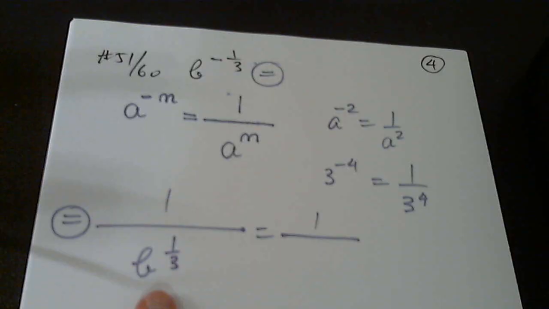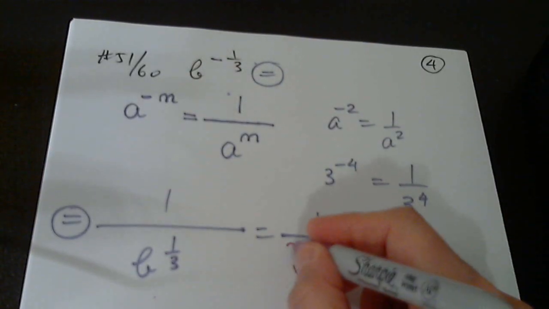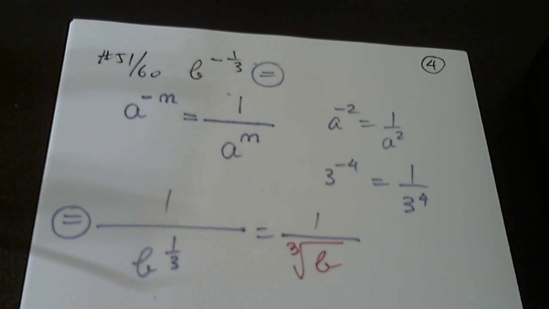Can anyone tell us what radical is this? It would be cube root of b to the first power. Exactly. The cube root of b. This is it. Excellent. Thank you.